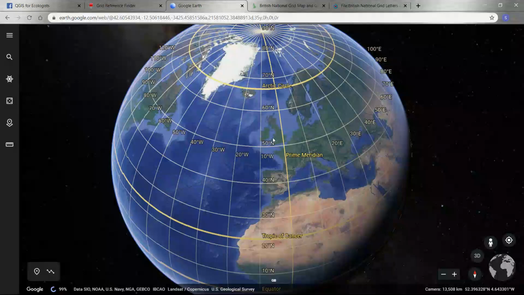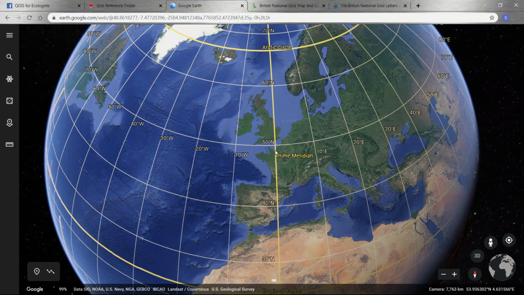So if we look at the British Isles, most of it is contained within latitudes of 50 to 60 and longitude of, if we look down at the bottom here, we've got +2. If we go all the way past Ireland, that is 11 west or -11. So all of the latitude longitude coordinates, if you're working in the UK, should all be kind of restricted to that area.